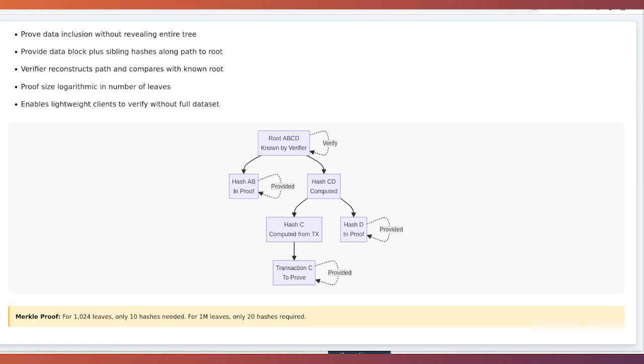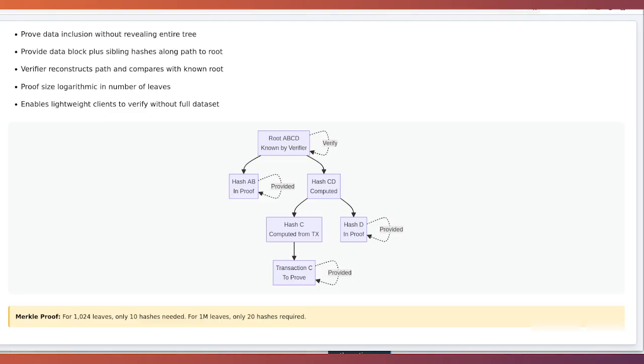For transaction C in our 4-transaction example, the Merkle proof would consist of 4 components: the hash of transaction C, hash D, C's sibling, hash AB, the sibling of C and D's parent, and the Merkle root for comparison.